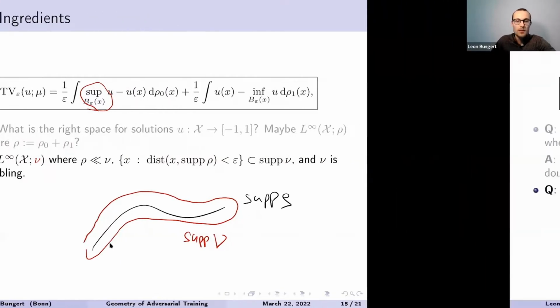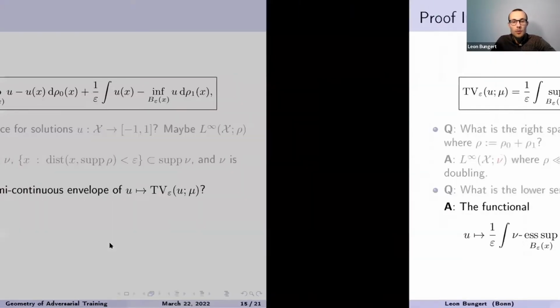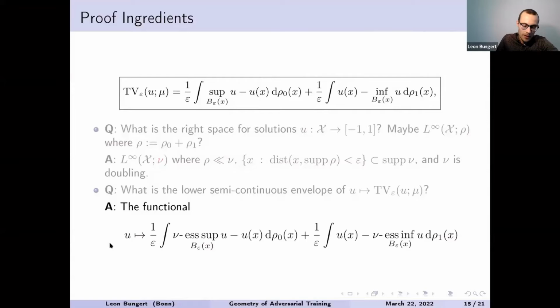And then once you've done this, you can characterize the lower semi-continuous envelope of this total variation functional, which looks very similar. You just replace the suprema and the infima with the essential suprema and the essential infima with respect to this measure nu that you have to construct. Okay, so this is just a technicality in order to prove existence of solutions.